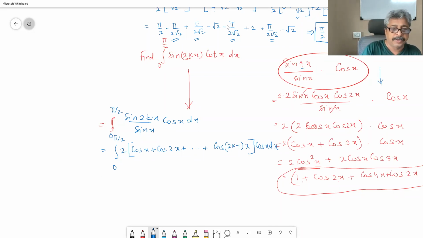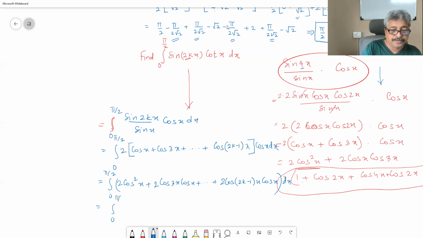You can have a look at it, and therefore we are going to get something like this, which is equal to integral 0 to pi by 2 cos square x plus 2 cos 3x cos x plus dot dot dot plus 2 cos 2k minus 1 x cos x, whole bracket outside dx.